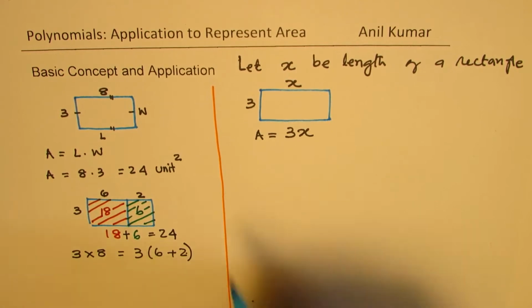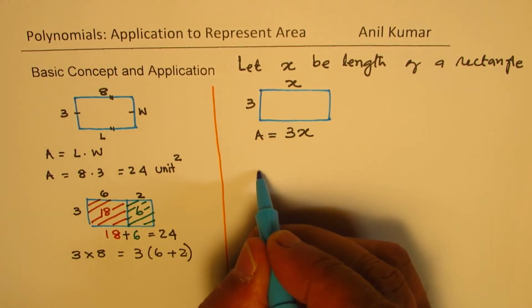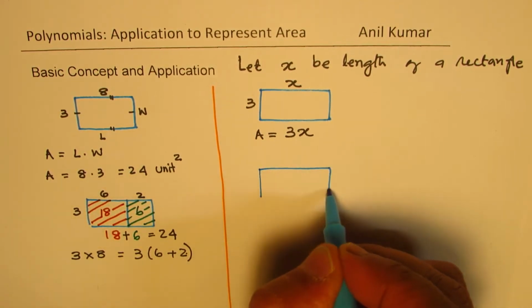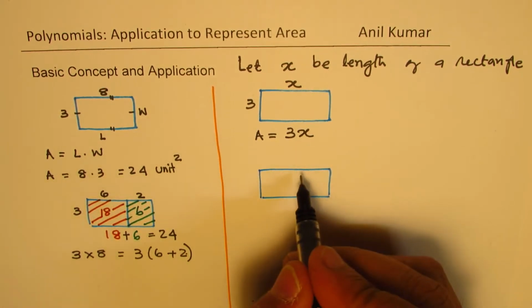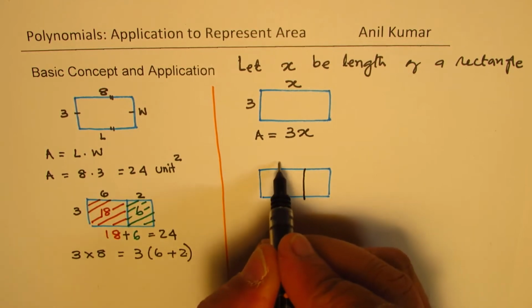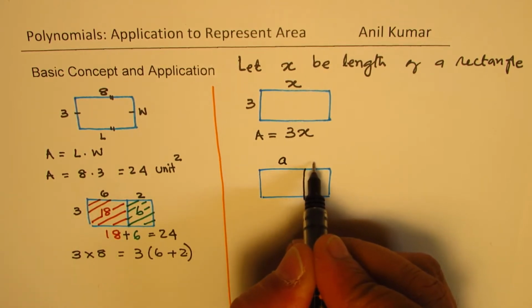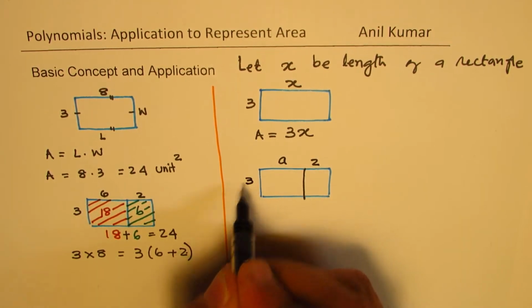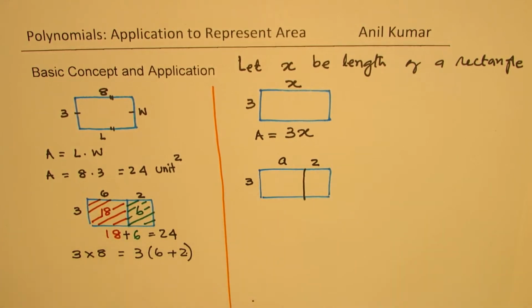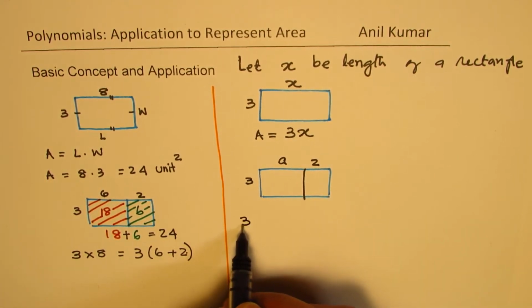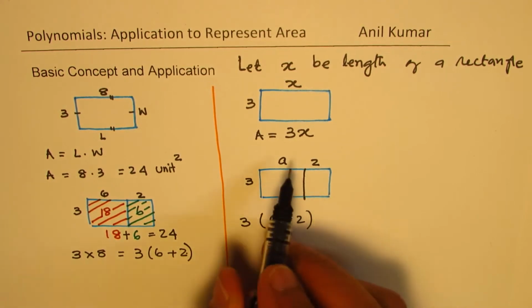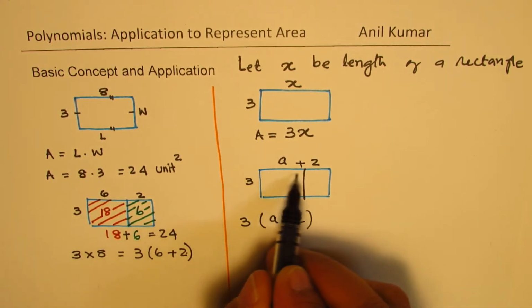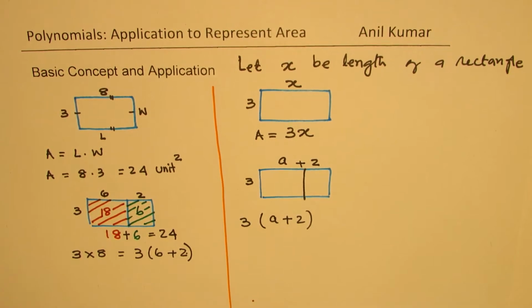Now let me take another rectangle this time, and let it be a plus 2, and we'll keep this side as 3. In that case, as we learned, the area should be 3 times (a plus 2), since this total length is a plus 2. a is this much and 2 is that much.